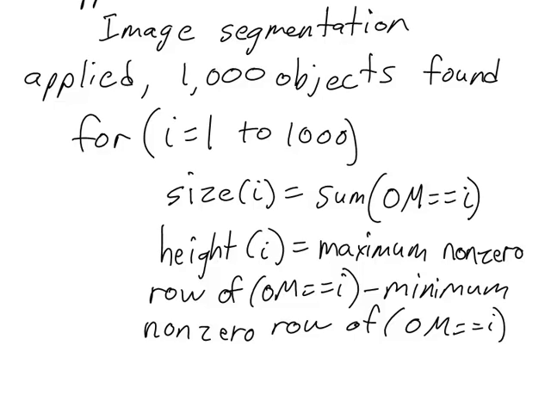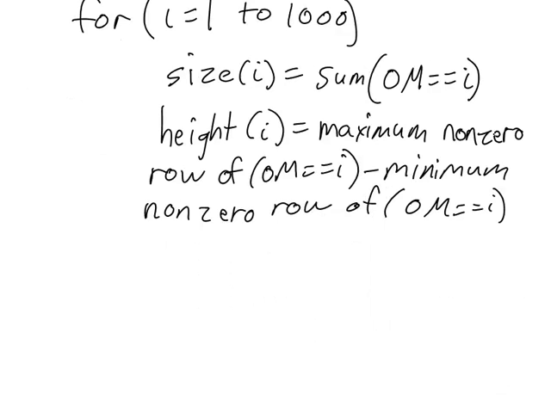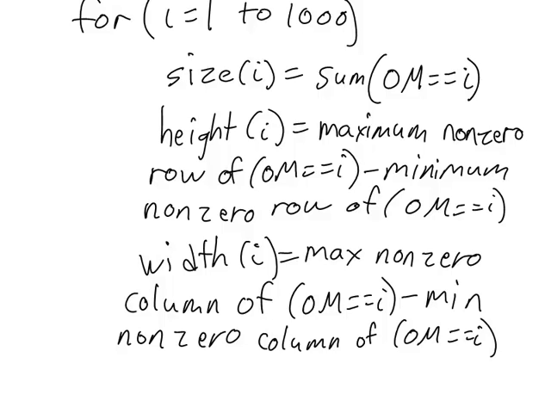That means that we're finding the values of size and height and width, not only for the objects that we want to pay attention to, but also to the objects we'd rather ignore. We can also calculate the width of object I in the same way. The width of object I will be equal to the maximum non-zero column of the object matrix I minus the minimum non-zero column.